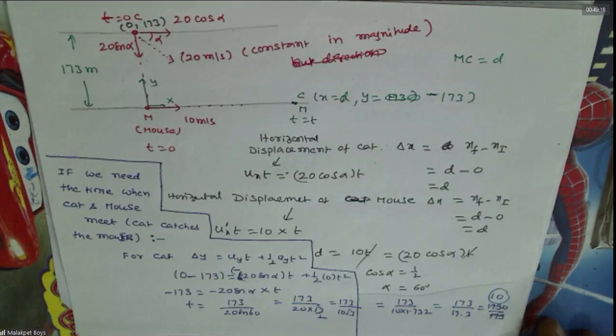The situation is this one, no? Rain is falling at 30 degrees. This is the velocity of rain. If nothing is mentioned, that means it is with respect to the ground only.